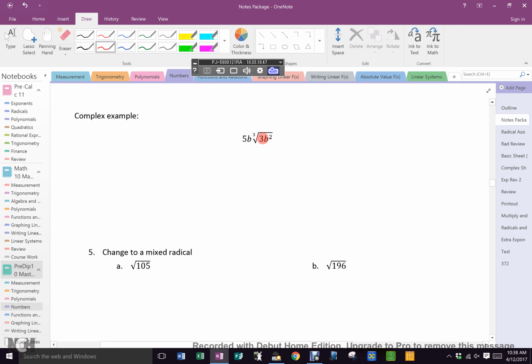Complex example. You guys probably don't have this in your book, do you? Because apparently the complex examples didn't come through. All right. So, if there is a 5 out there and it's a cube root, how many 5's had to be under here? 3. So I have 3 and I also have 5 cubed. If there is a b out here and it's a cube root, how many b's have to be under there? 5 in total, but 3 from the front, b squared, and 3 more b's, yes?